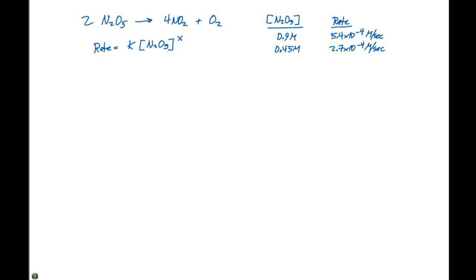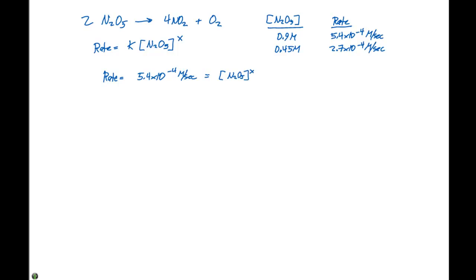We know that the rate here is going to equal 5.4 times 10 to the minus 4 molar per second, and that's going to equal the concentration of N2O5 to the x power.